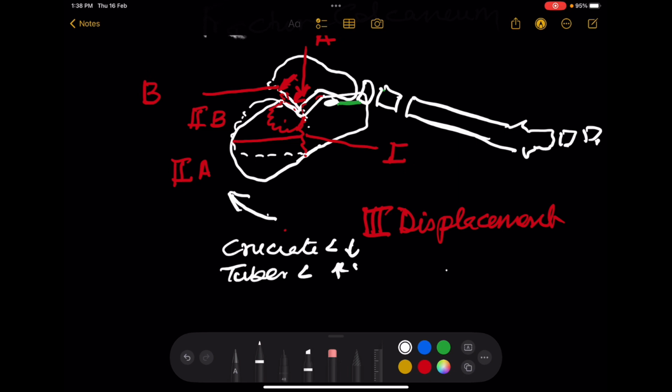The calcaneum has now become horizontal. So the tuber angle has increased and the cruciate angle has decreased. So this opening of the wedge of this vertical fracture in the inferior end is called angulation displacement.